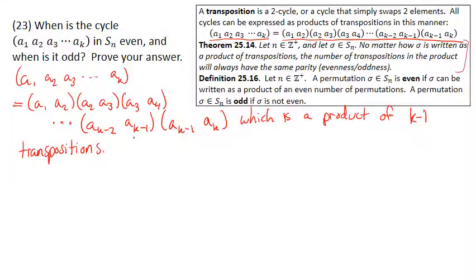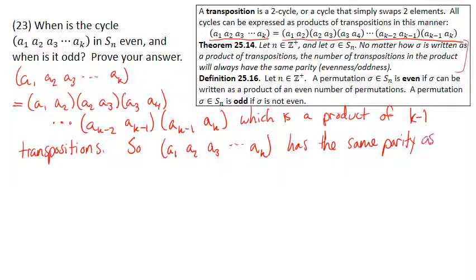So the cycle (a1 a2 a3 ... ak) has the same parity as k minus 1.